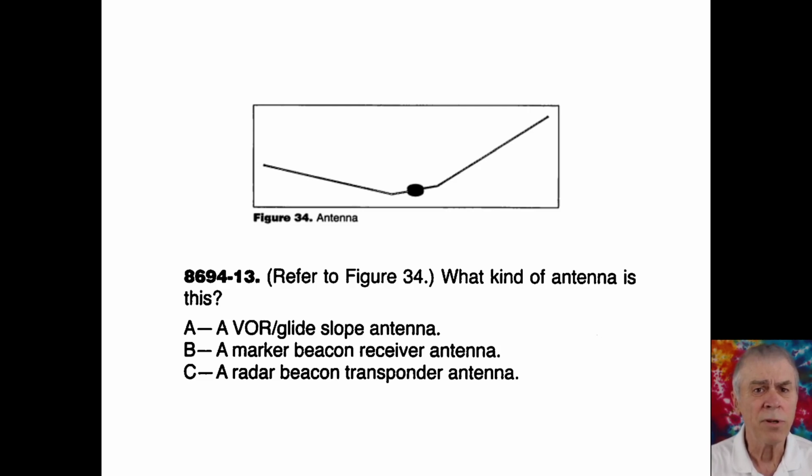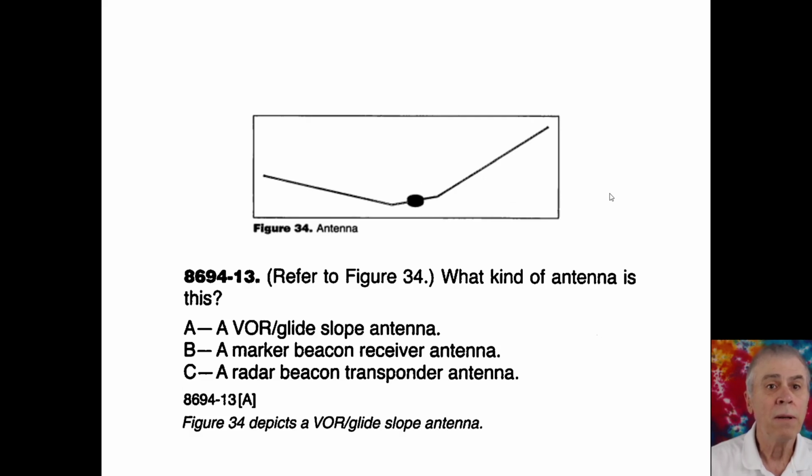Don't like that part of it. B, a marker beacon receiver antenna. No, that's usually just a little extra fairing on the bottom of the aircraft. Or C, a radar beacon transponder antenna. They definitely like using that as an option. I guess I'm going to have to go with VOR glide slope. It's not exactly looking like that, but I guess that could be it. Yes, it is.